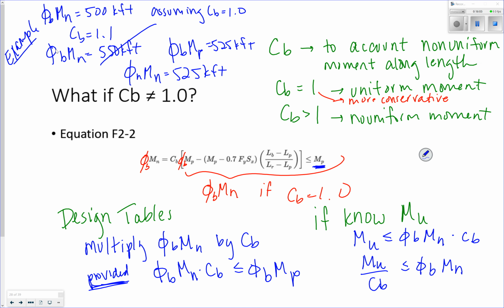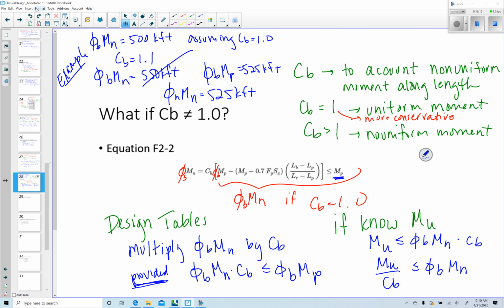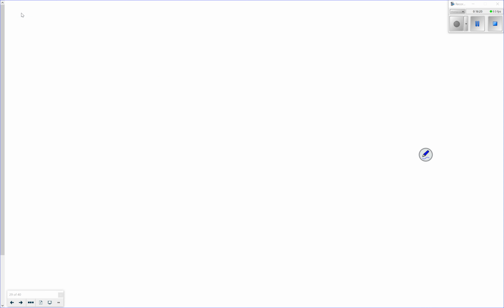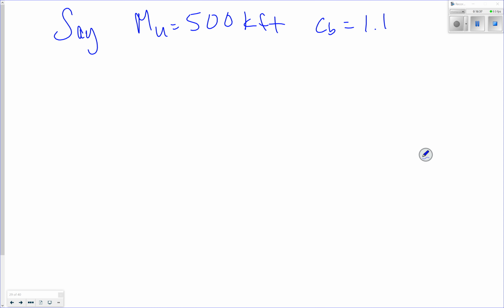So say I needed 500 kip-feet, but I could say my Cb is equal to 1.1 instead of 1.